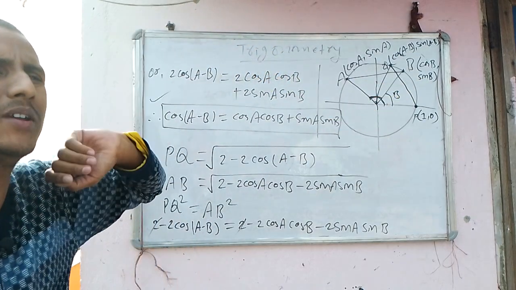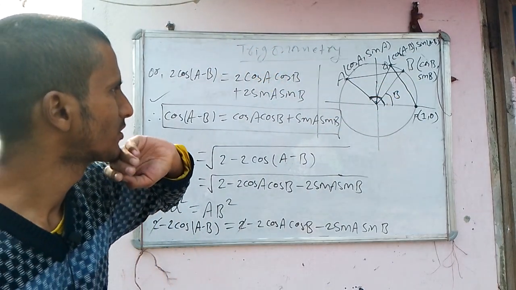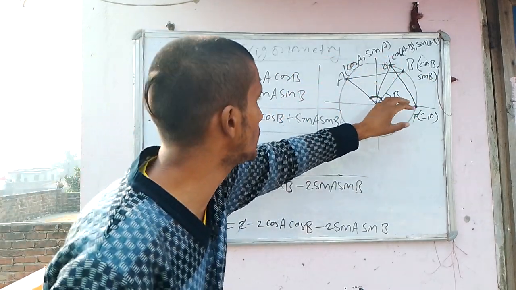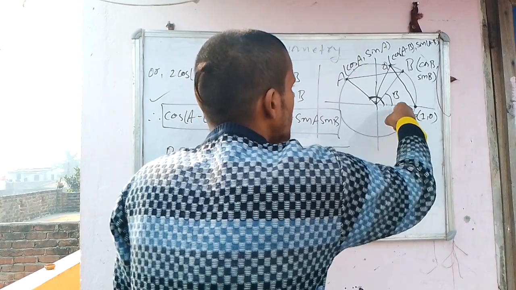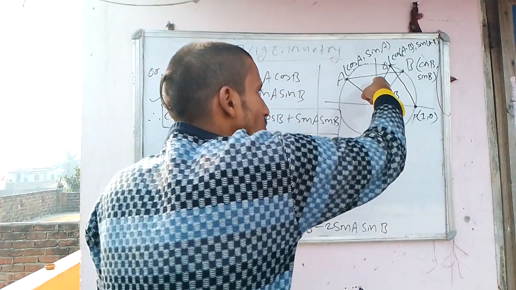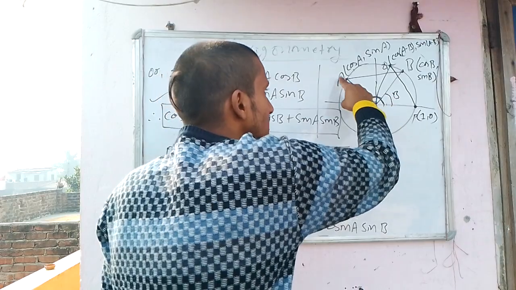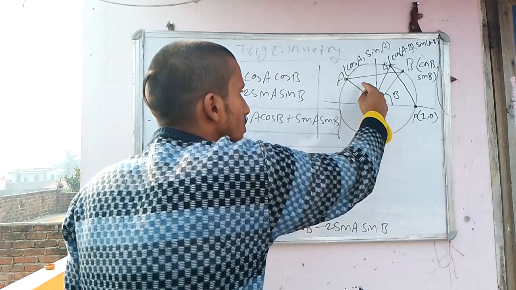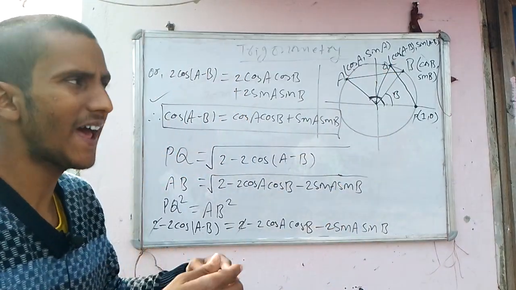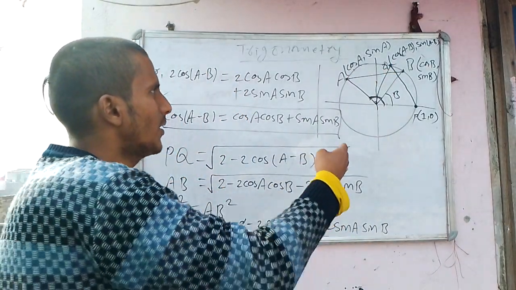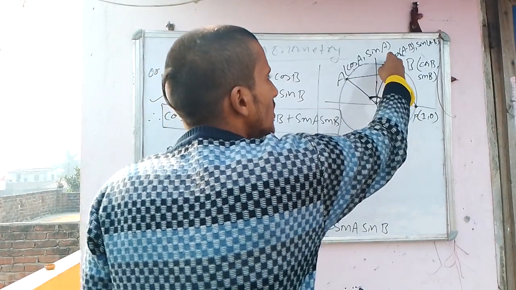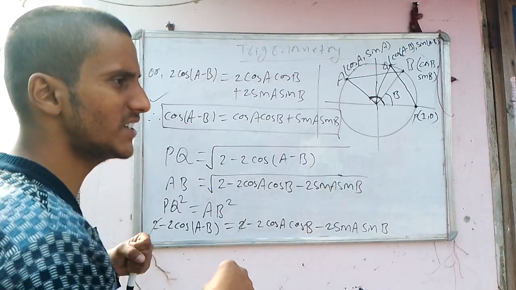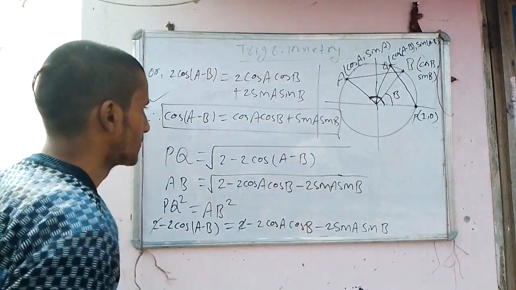So we made angle A and we made angle B, and then we made angle A minus B manually, and this manually drawn angle and this angle are going to be equal because the whole is A and this much is B, so this is going to be A minus B. And as these two angles are equal, the chords drawn are also equal. We found the length of the chord, equated it, squared it, and got the answer.